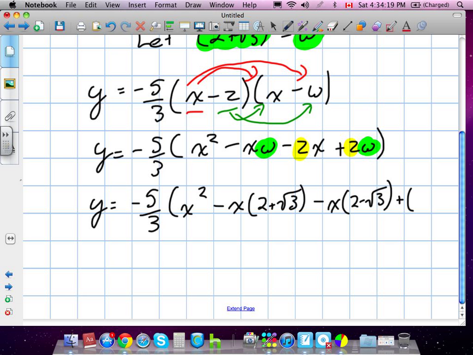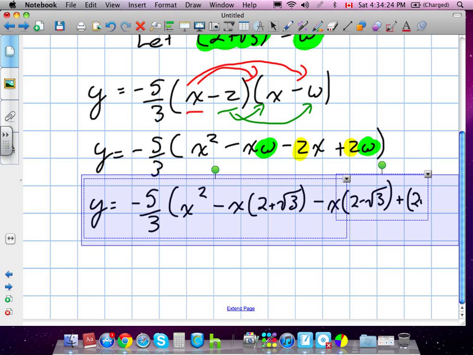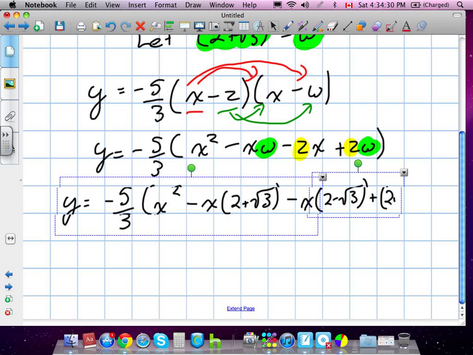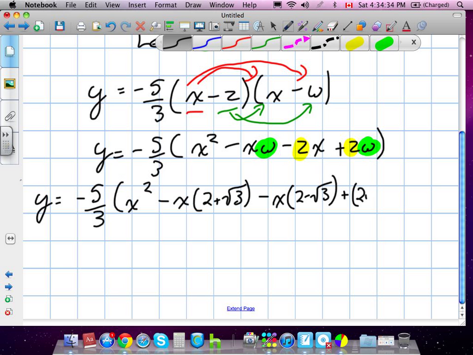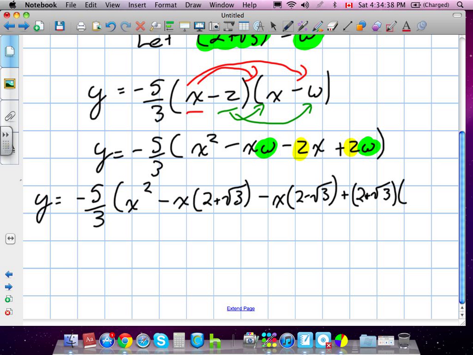We're going to need more room here. Two plus root 3 times 2 minus root 3. That will be the only real combo.